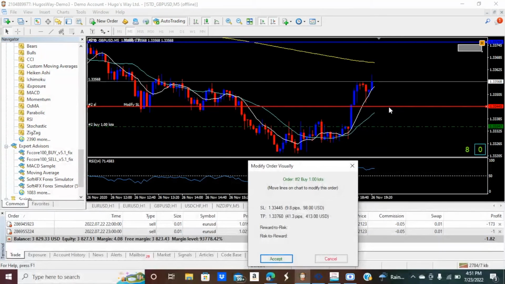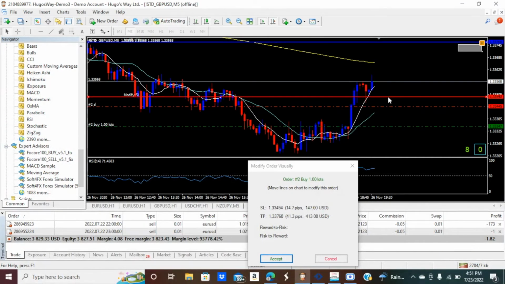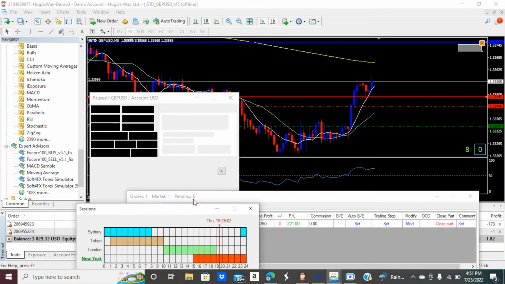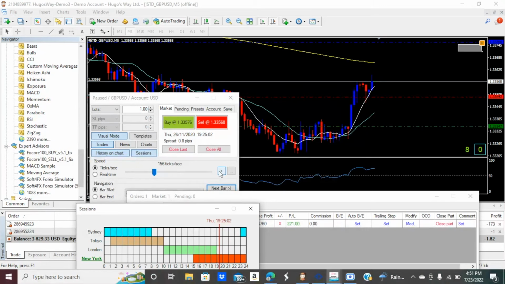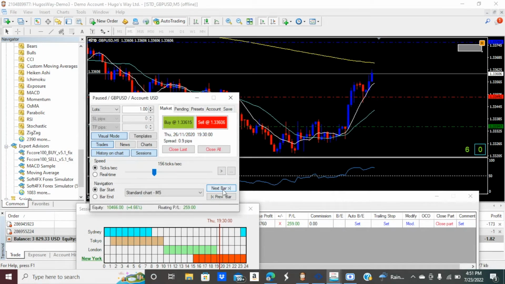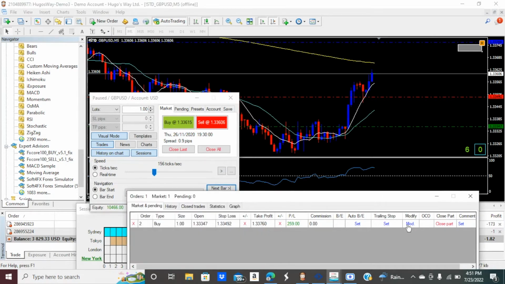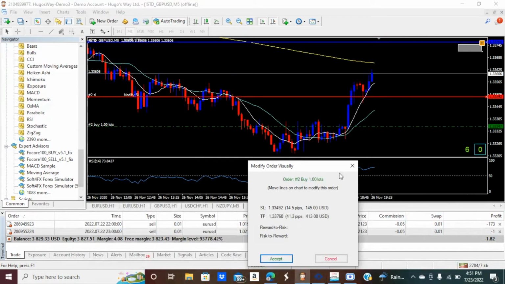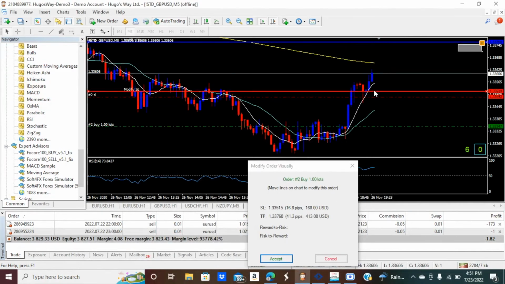So I'm going to move my stop loss up a little bit more. You see our profit there. And we're going to move that stop loss again. Another bullish candle.